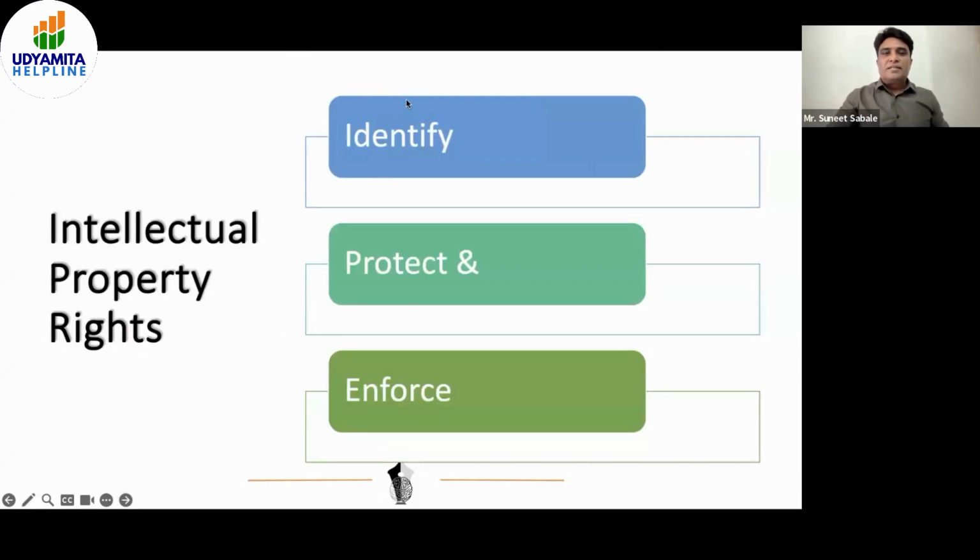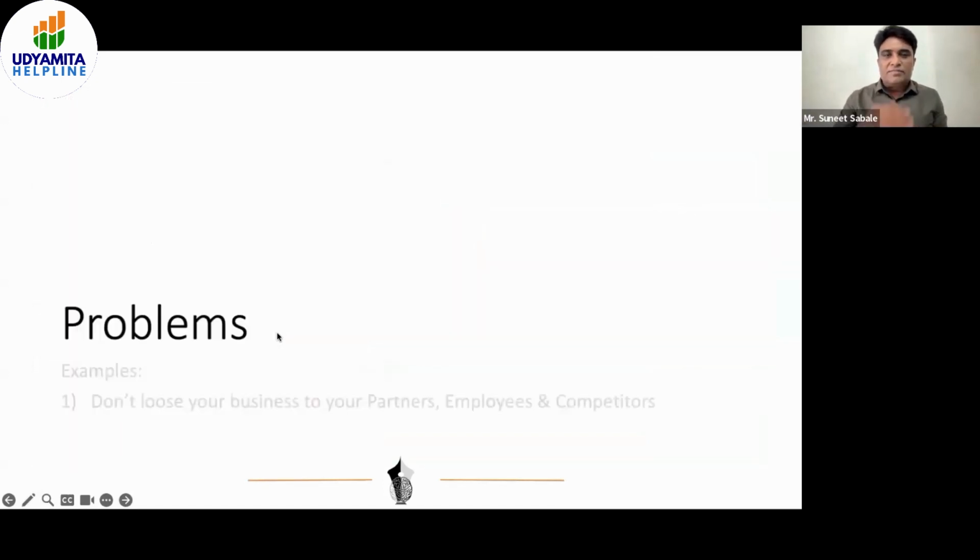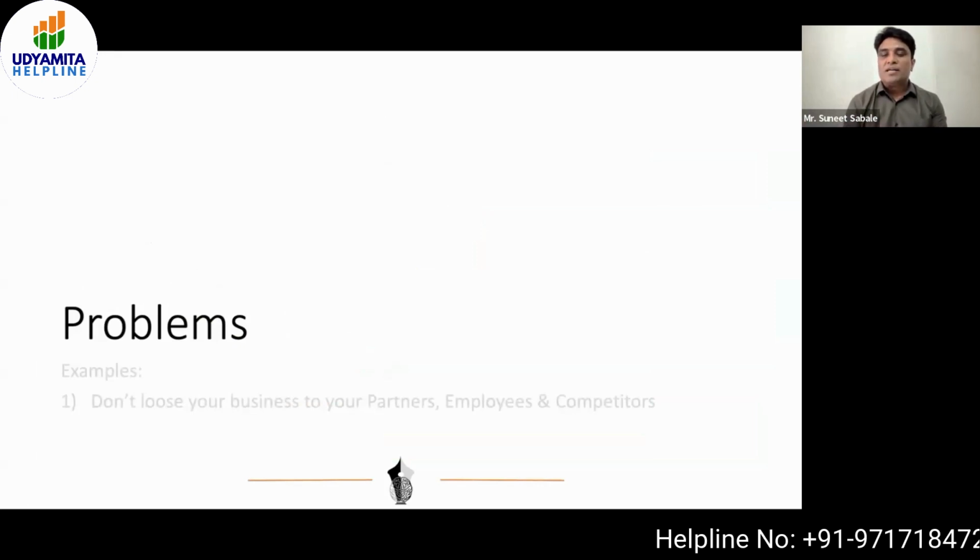So, as I mentioned, what we are going to do today is identify, protect, and enforce your intellectual property. These are a few awards that we have, and specifically today, I'm going to address the problem that most entrepreneurs or businesses face: they don't want to lose their business to their partners, employees, and competitors.